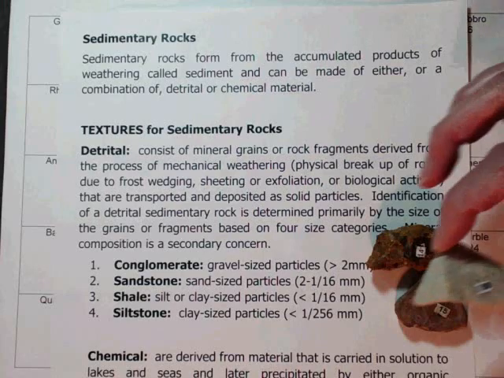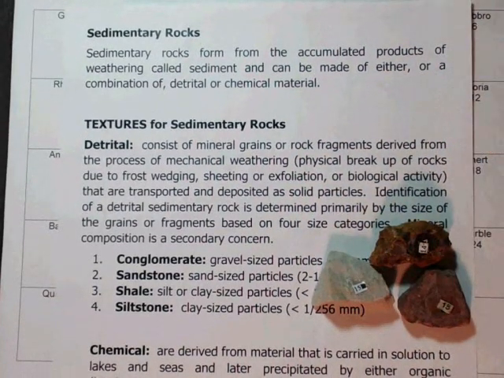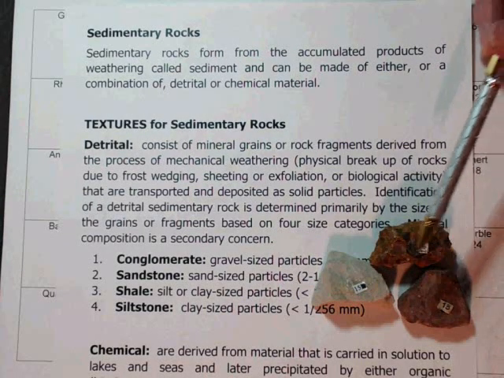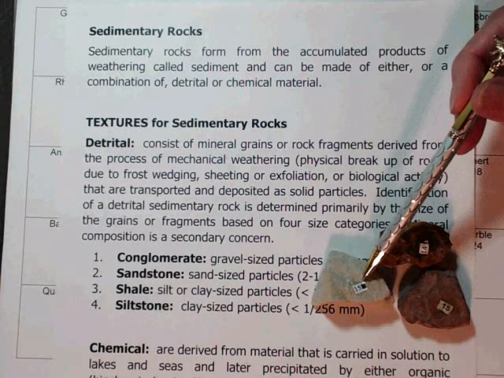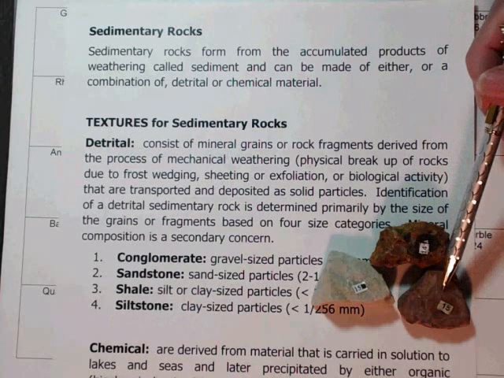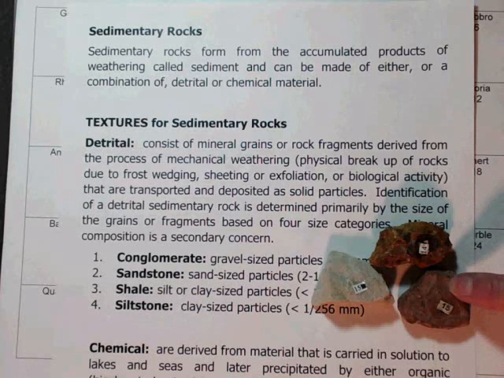But we also have a gray variety, and as these are becoming sedimentary rocks, recall that you have to have the lithification process where you have cementation, or the gluing together of those little particles, and so the colorations stem from what type of glue or cement is joining those particles.